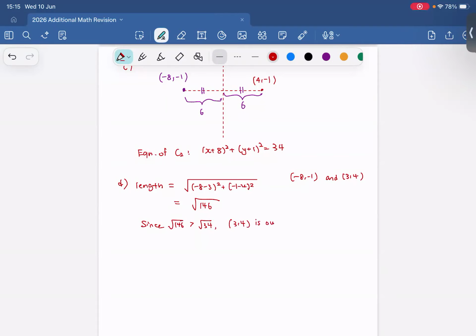Okay, so it is outside the circle because, as we can see, it is bigger than the radius. This is outside C2. Okay, so now we test with C1.